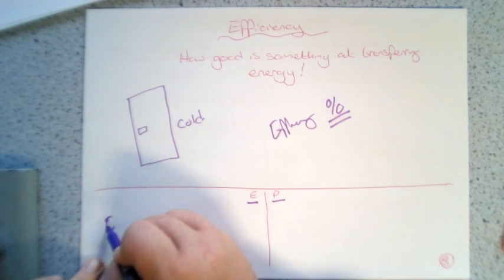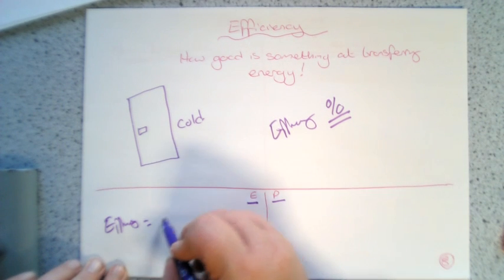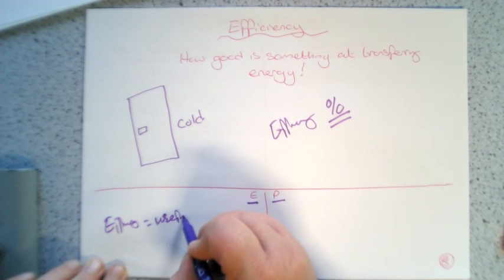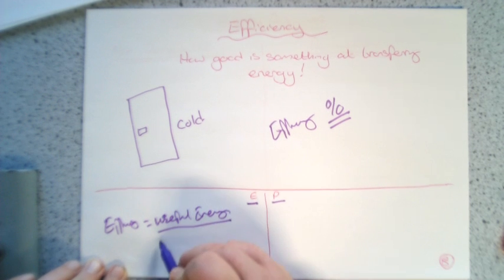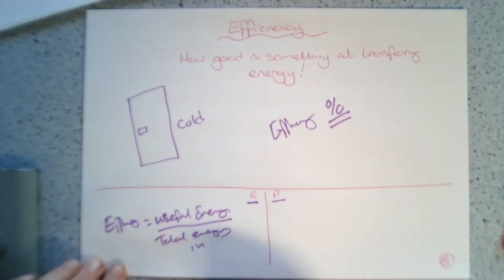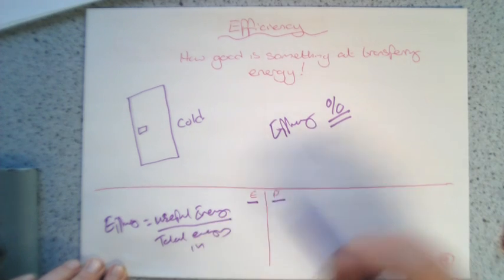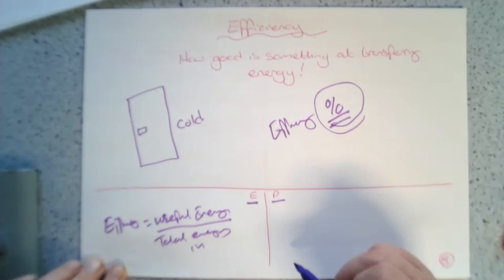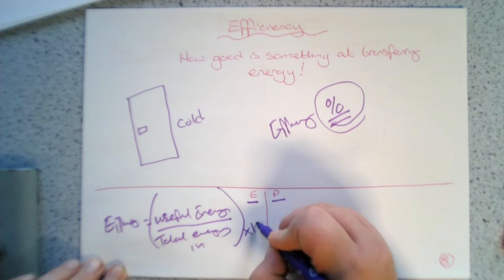So we're going efficiency equals the useful energy divided by the total energy in, okay? So that's basically the calculation I'm going to do. Now, because I know that my unit is a percentage, when I've done that, I need to multiply it by 100.